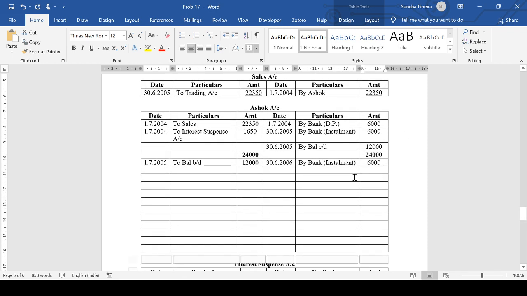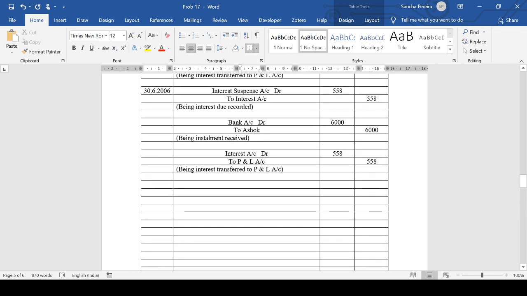Close this. 30th June 2006 by balance carry down. Just total this. 12,000, 12,000. By balance carry down is 6,000. Bring down the balance. 1st July 2006 to balance brought down 6,000. Okay.